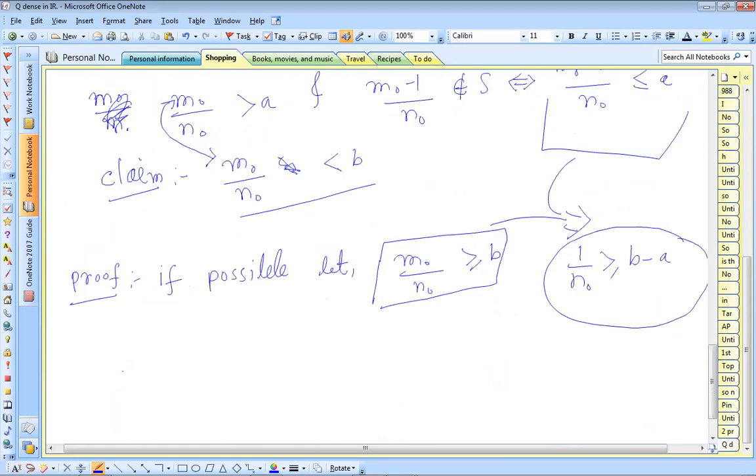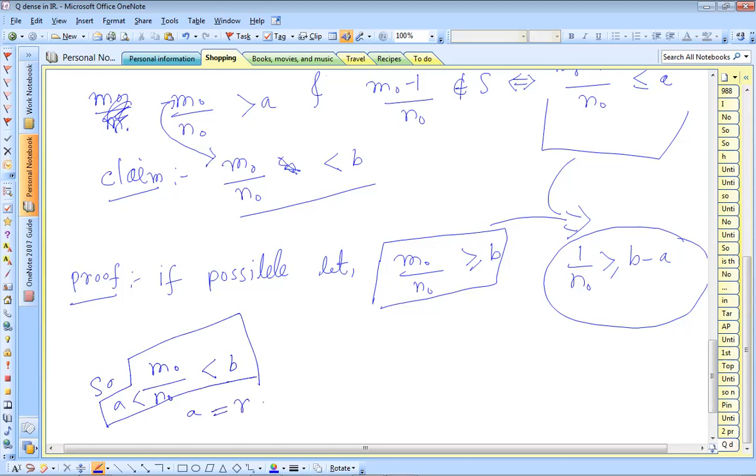So m naught by n naught is less than b and it is greater than a. Okay, so this is what we want to prove, where a is equal to r minus epsilon and b is equal to r plus epsilon.